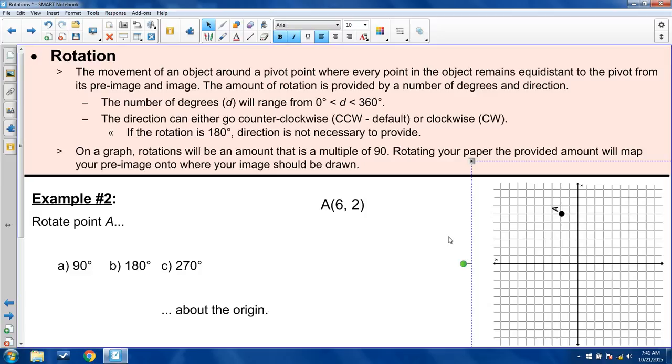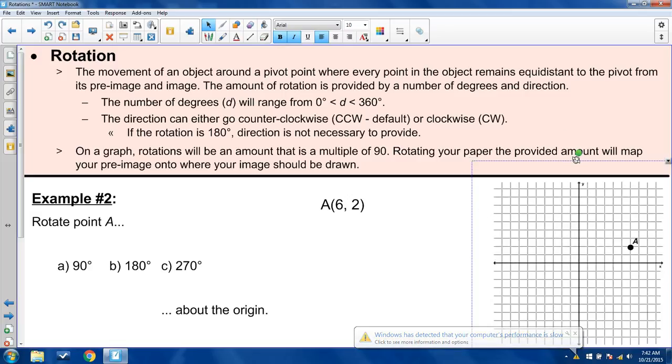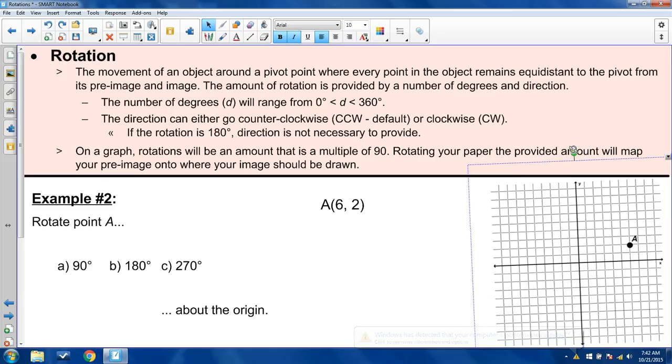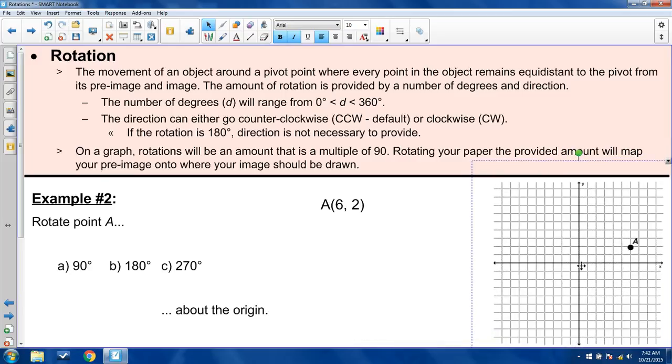Boom, like that. Okay? I want you to notice where A is now sitting. A is sitting in the place where A prime will be sitting on your original graph after a rotation of 90 degrees. I really hope that makes sense. Let's go ahead and take a look at that again. Let me reset. After a rotation of 90 degrees, remember, this is rotating about the center, about the origin.